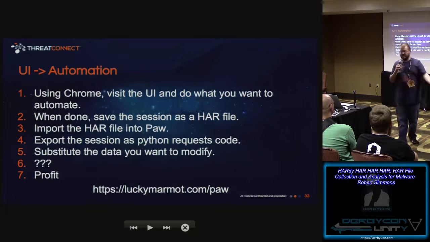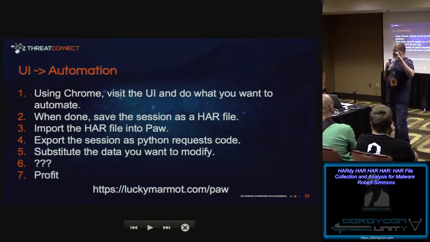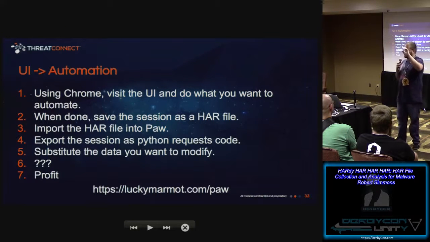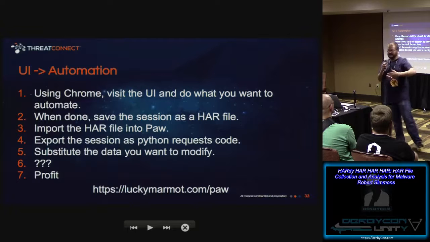I imported the HAR file, and the HAR file gets imported into the same sort of component in Paw as different REST URLs. So it treats the visit that you just did as a REST API URL.